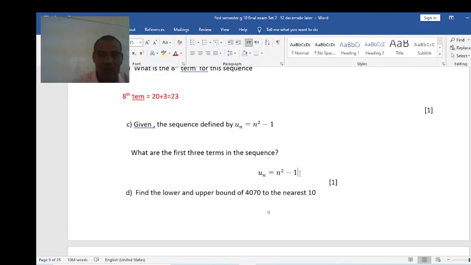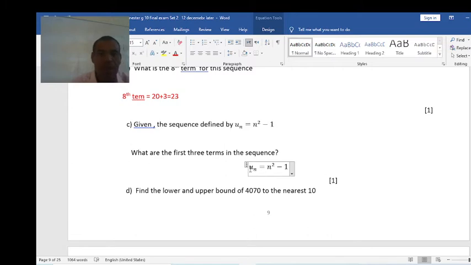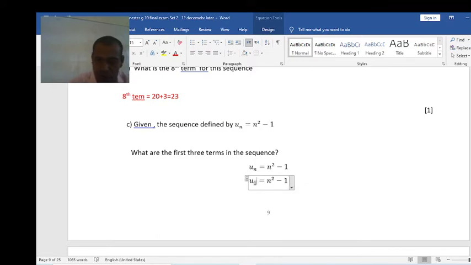Now I'm going to find out the first 3 terms. So I'll just start with u1. The first term, I will write 1, then I will substitute n by 1. It will be equal to 1 minus 1, which is 0.